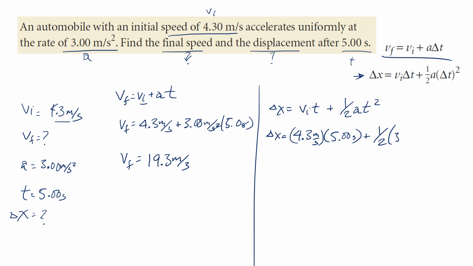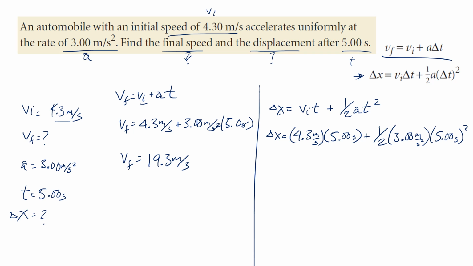A is going to be 3.00 meters a second squared, and then our time is 5.00 seconds. We're going to square that. So 5 squared is 25 times 3 is 75 divided by 2.